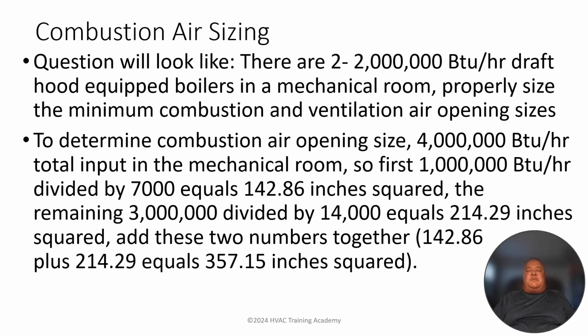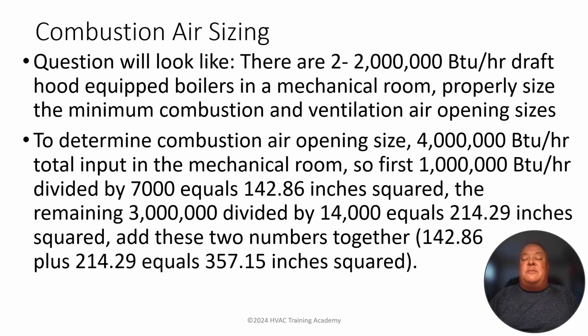So in this case, we have 2 million BTU per hour draft hood equipped boilers in a mechanical room. If we are going to properly size this, remember 4 million BTUs is our total. We've got the first million divided by 7,000, which equals 142.86 inches squared. The remaining 3 million would be divided by 14,000, which equals 214.29 inches squared.